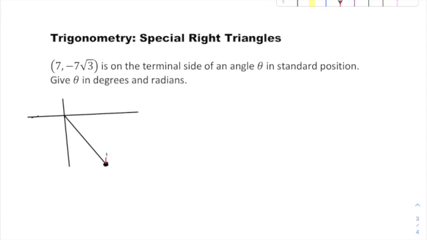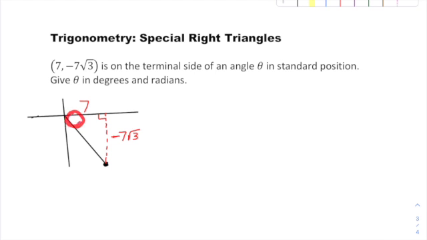So when I make my right triangle with the x-axis, I went 7 to the right and 7 root 3 down. Again, the negative kind of told you the direction, but it's the 7 root 3 you care about. And so you've got yourself a right triangle with a relationship of x root 3.